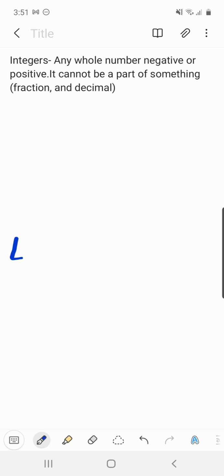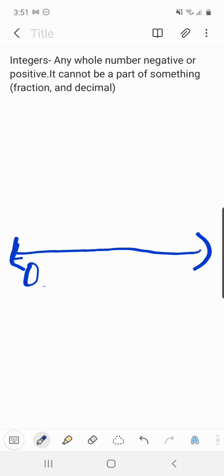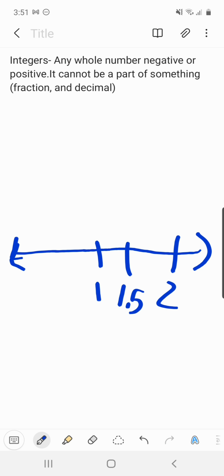So I'm gonna make a number line. I'm going to put a 1 right here, 1.5 right here, 2 right here.